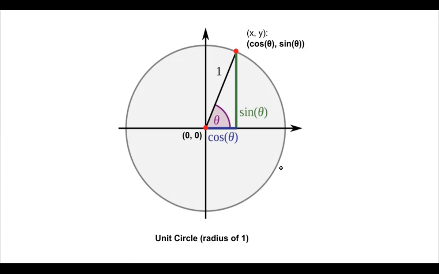So if this is a unit circle with a radius of 1, we can use a cosine function and a sine function with an angle inside. What exactly does that mean? The angle here is represented by theta, a Greek letter used mostly in trigonometry.